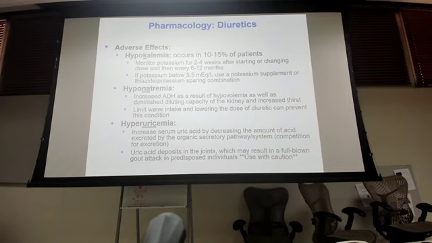Okay. You can also get hyponatremia. Obviously not as frequent as the potassium changes. Hyponatremia, a lot of times that's your older population.